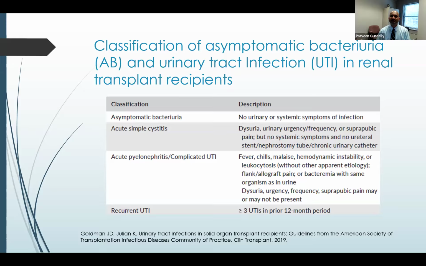So whenever a urine culture grows some bacteria, but patient is completely asymptomatic, like no symptoms at all, no symptoms of sepsis, no localized symptoms of dysuria, or patient has a normal renal function, then there is no need to treat these urine cultures, except in the first 1 to 2 months of transplant.